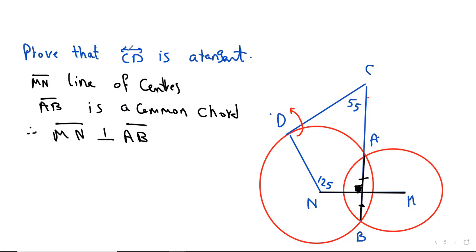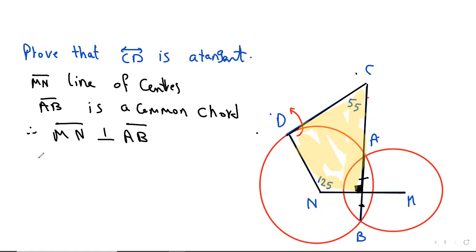Look at this shape. This shape is a quadrilateral: 1, 2, 3, 4 sides. And the sum of all the angles of a quadrilateral equals 360.